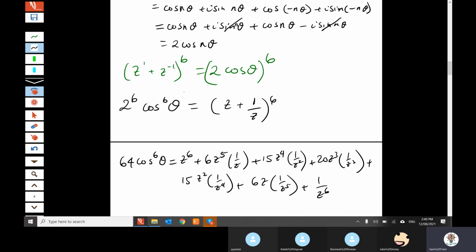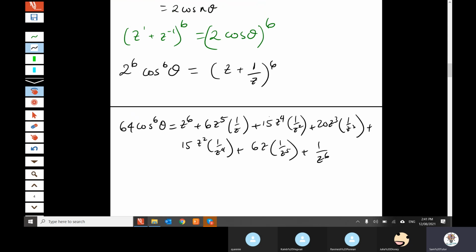If you're good with your index laws, you don't want to do that, just use your index laws. Don't change. It's okay. Any questions about what I've done there?